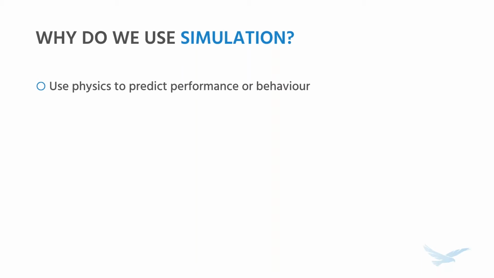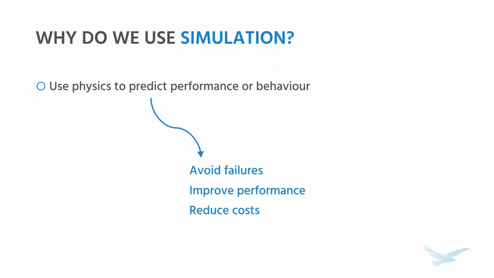And we're going to take that information and usually try to make some sort of decision, whether that's to improve the product, make sure it works, maybe we can keep it working but reduce the cost. There's some sort of benefit to doing this, but at the root, we're still just trying to predict how things are going to work. And there's a number of different types of simulation that we do to make these decisions.